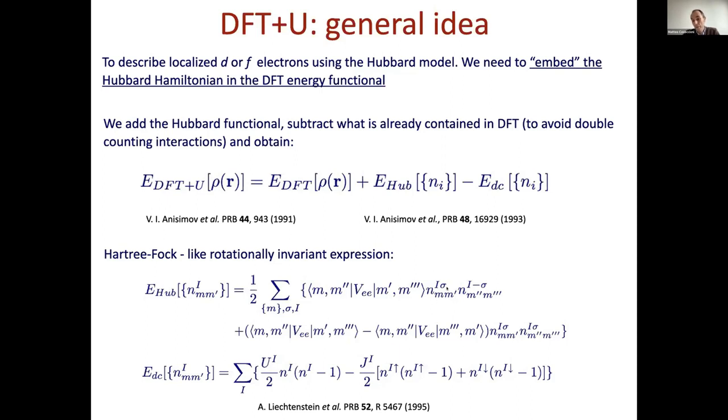These are not operators, of course, in DFT. These are expectation values, but that's not very important. And the double counting term is computed in the limit of full occupation of these electronic states.